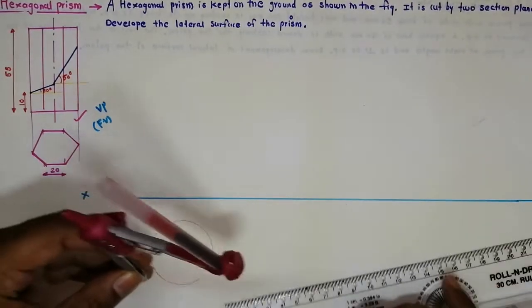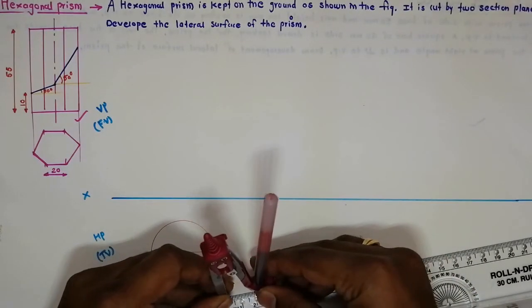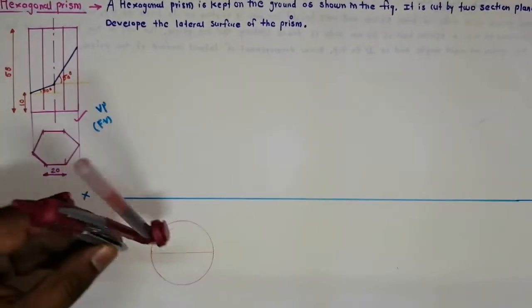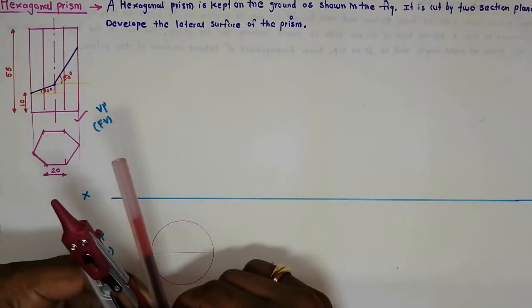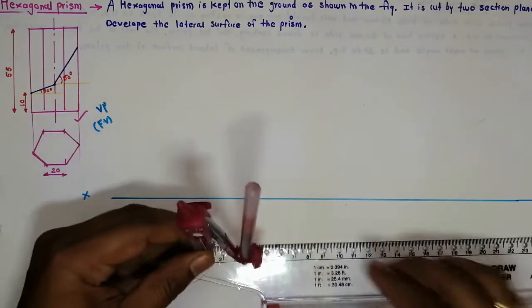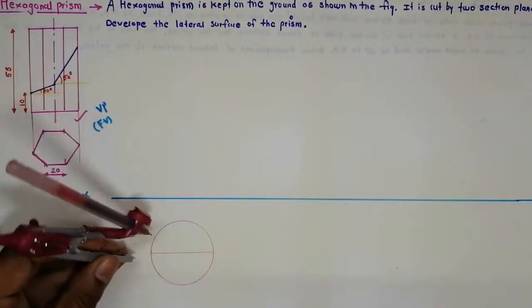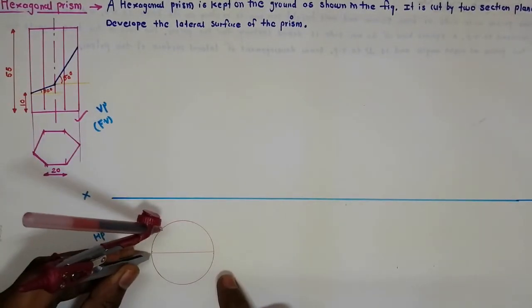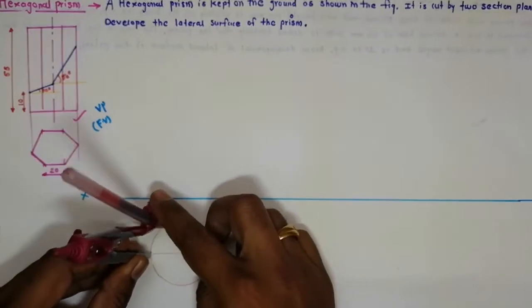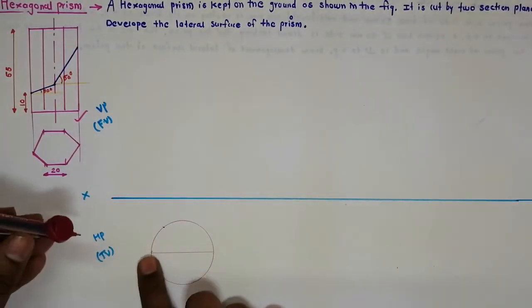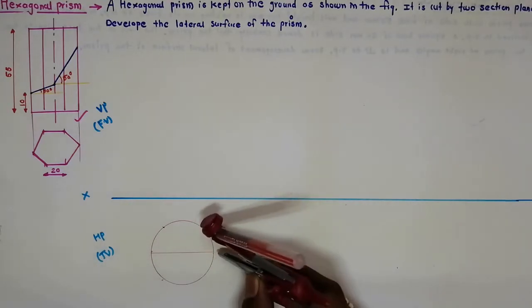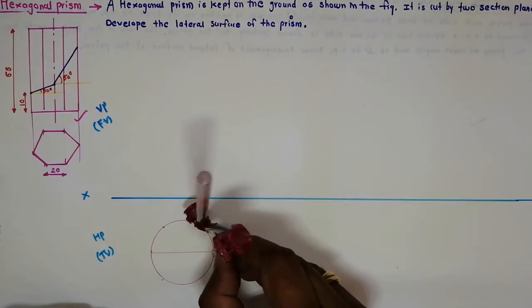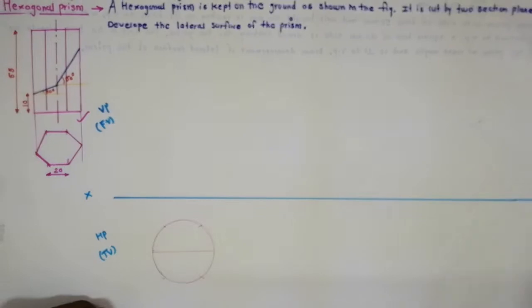Then from the horizontal diameter, take the side distance of 20 mm in the compass again. From the two diametrical ends, mark 20 mm on both sides, so from each diametrical end we get two intersections.